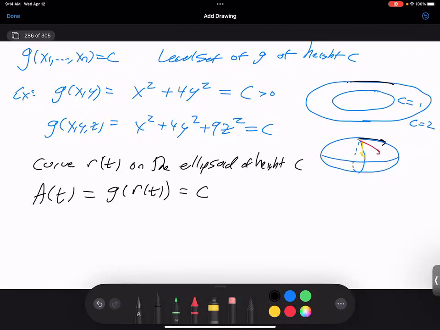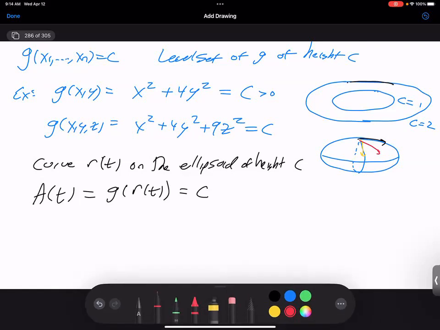of height c. So there's two different ways we can take the derivative of this function a of t equals g of r of t. Can somebody give me one way we can take the derivative of this function? How could we take the derivative of this function? Yes, we could do the chain rule.